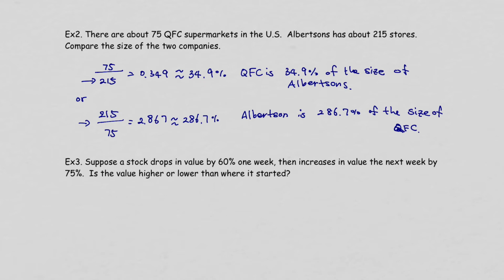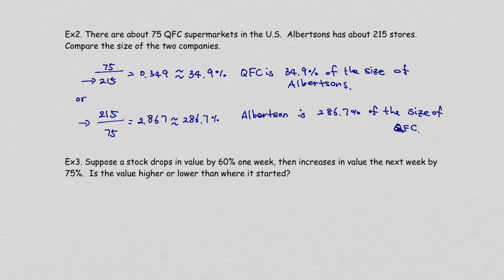Let's look at example 3. A stock drops in value by 60% one week, then increases in value the next week by 75%. Is the value higher or lower than where it started? Something like this, you can just test it.